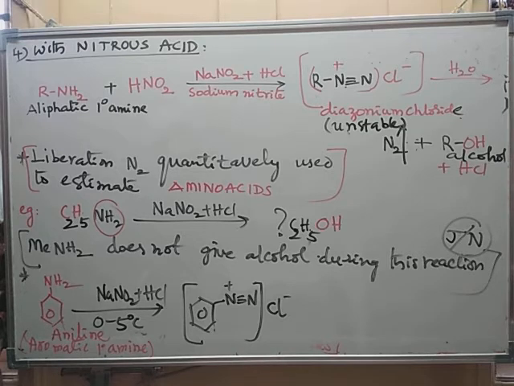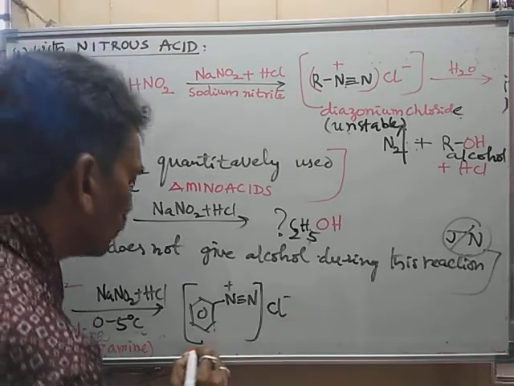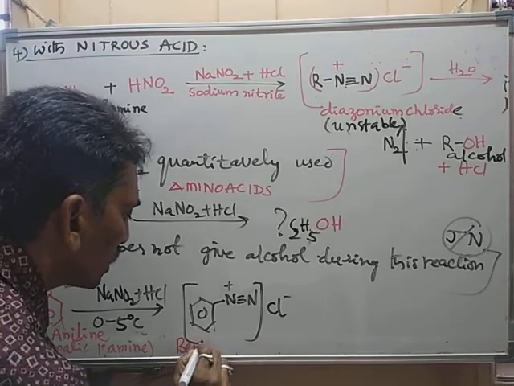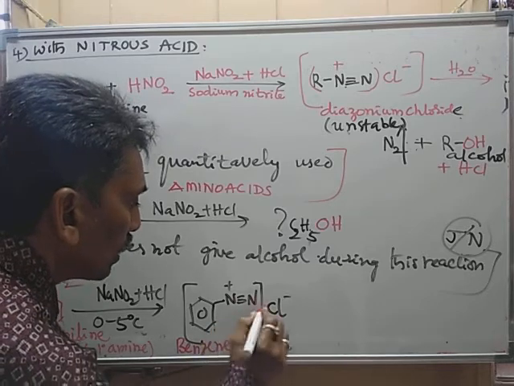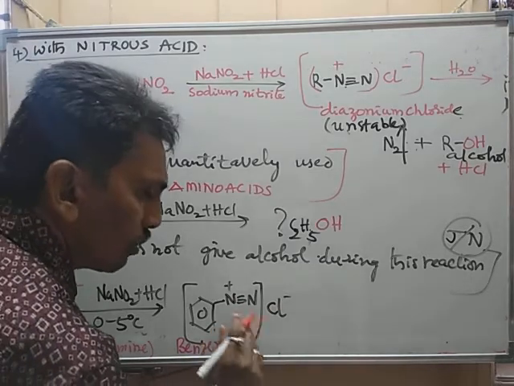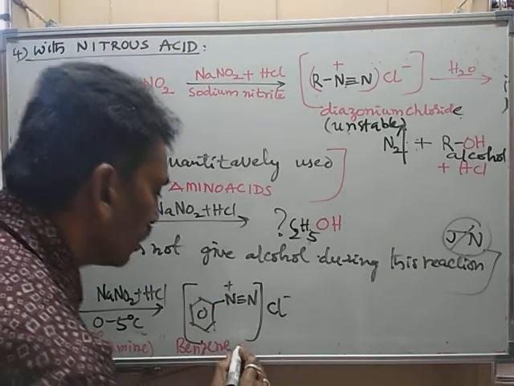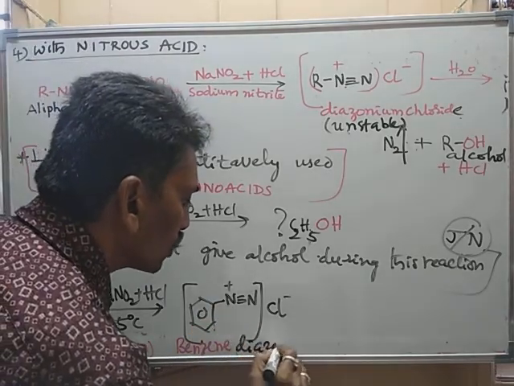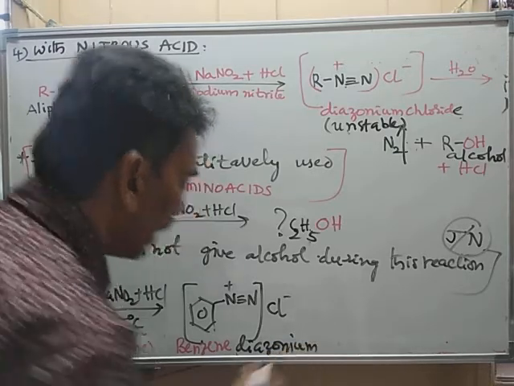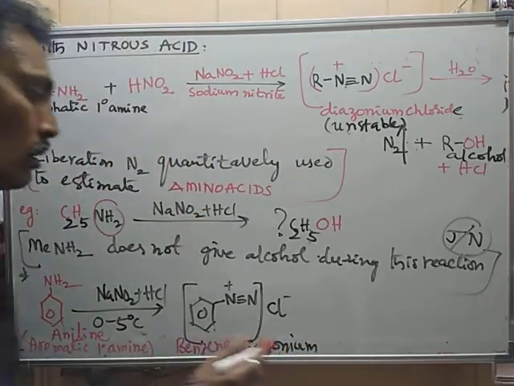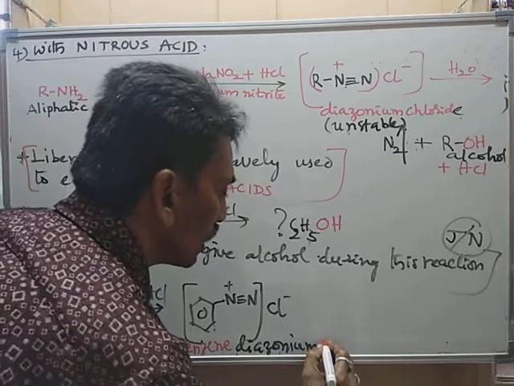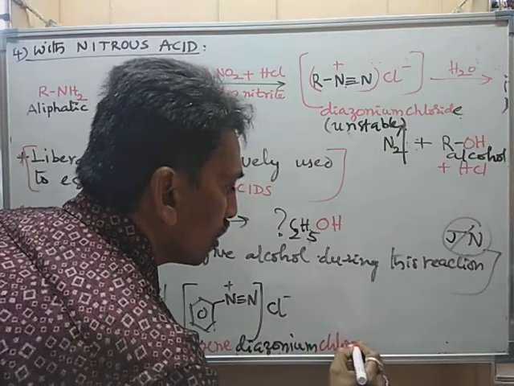Yes, this is known as benzene diazonium chloride. The ring is linked to N triple bond N, and this linkage is called diazo group, diazonium. The positive charge is on the ion and Cl is chloride.